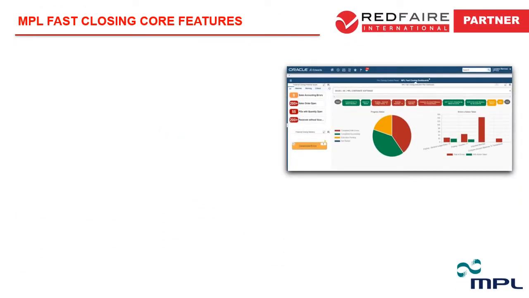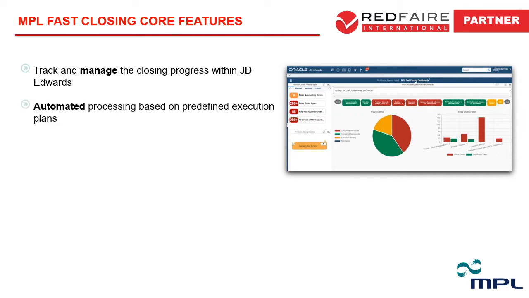MPL Fast Closing is a tool designed to automate and streamline your financial closing process. It does that by tracking and managing the closing progress within JD Edwards using dashboard pages. It automates the processes that need to run during the financial close based on predefined execution plans.